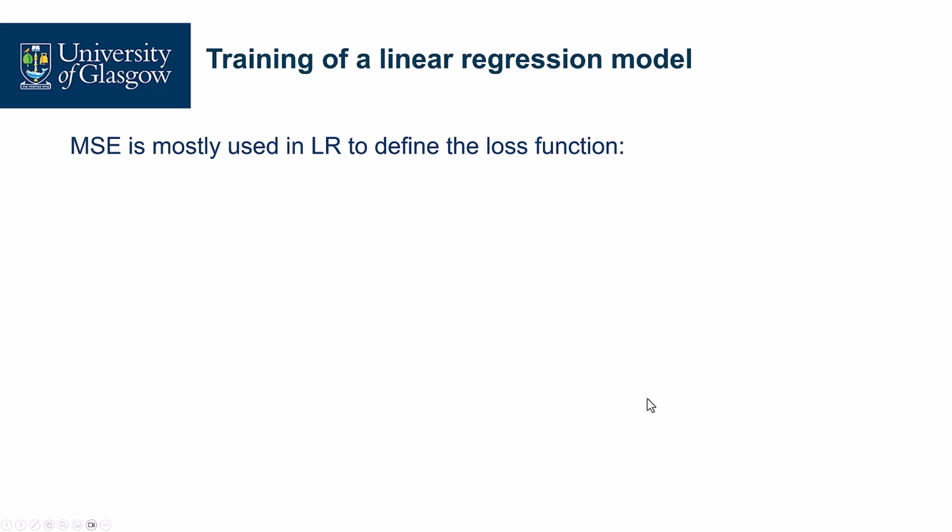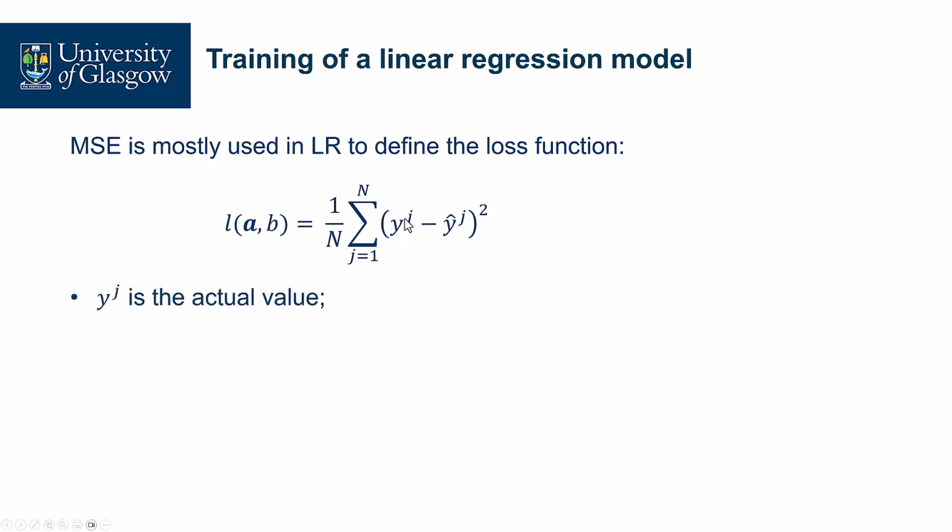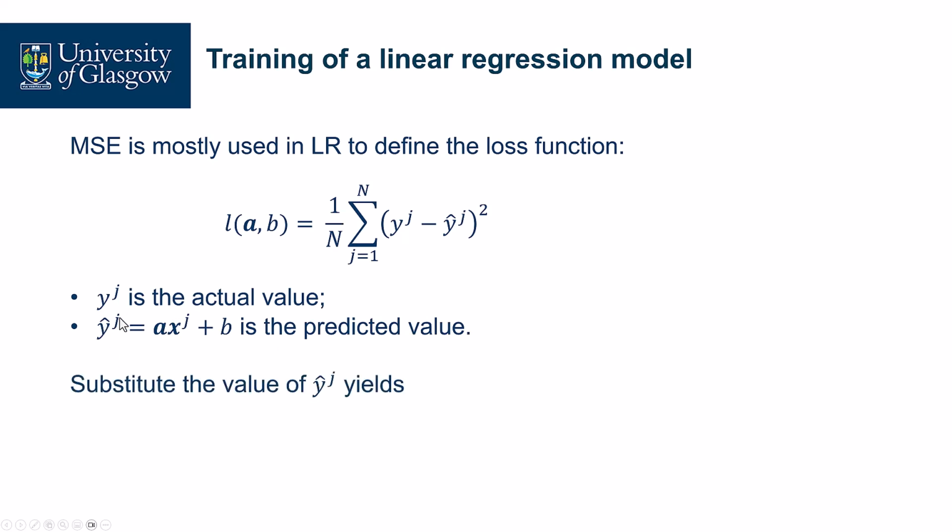In this case, mean squared error, MSE, is the most widely used loss function. We can see the function is here: the average of the difference between the actual value and the predicted value, to the power of 2, right? Now we write this function out, substituting the value of the predicted yj into this equation.